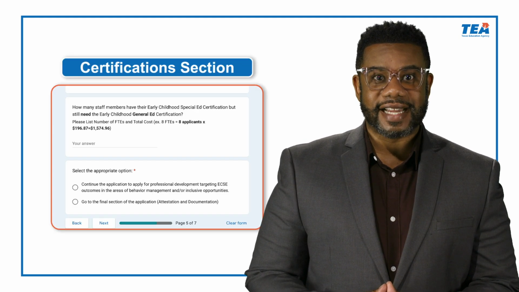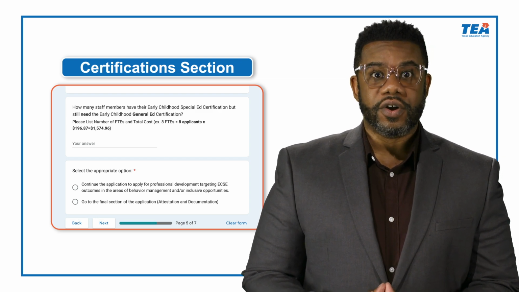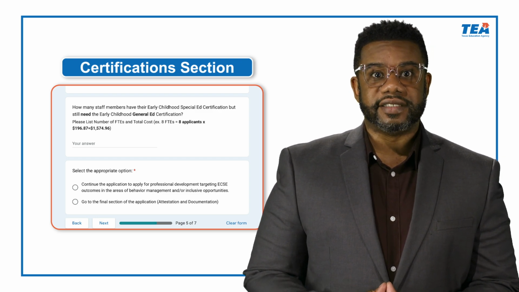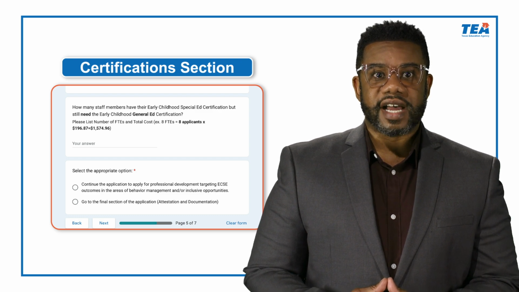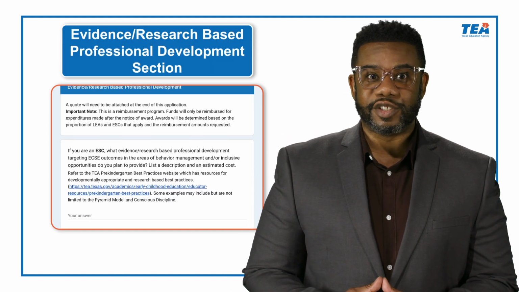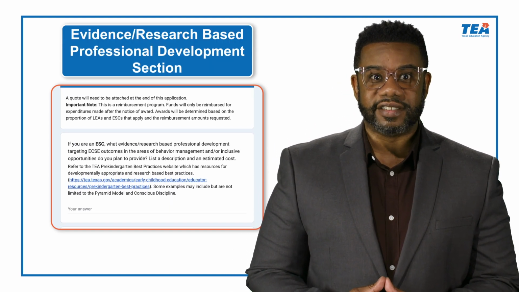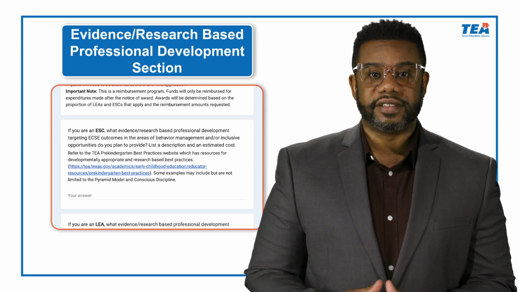Finally, indicate whether you wish to continue applying for professional development targeting ECSE outcomes in behavior management and inclusive opportunities, or proceed to the final section, attestation and documentation. Select the option that applies to you. Now, let's address the evidence research-based professional development section for those LEAs and ESCs who are applying for this use of grant funds.